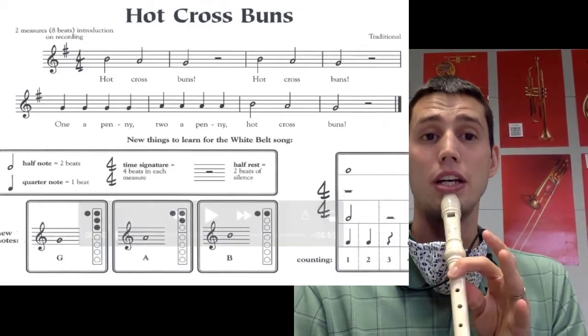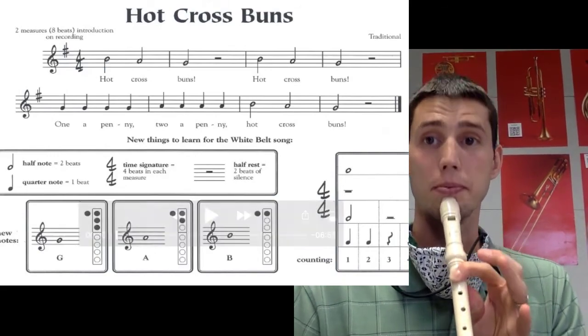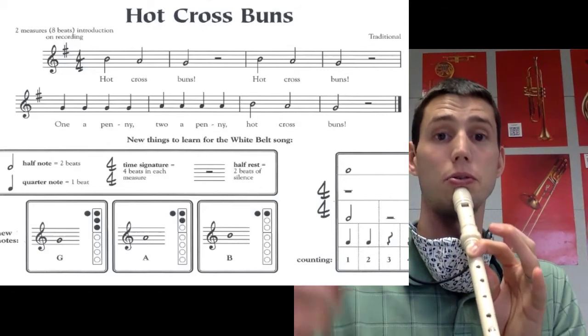So it goes starting with B again for 2 beats. So here's our beat. I'm just going to keep it with my head this time because I'm going to be busy with both hands right now.